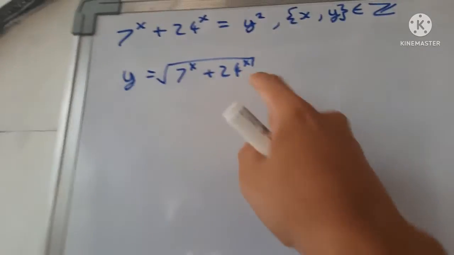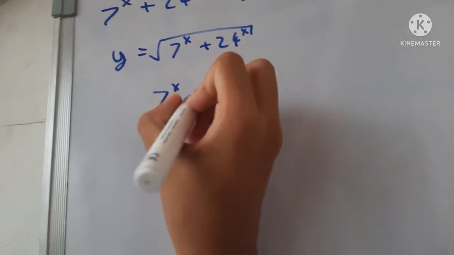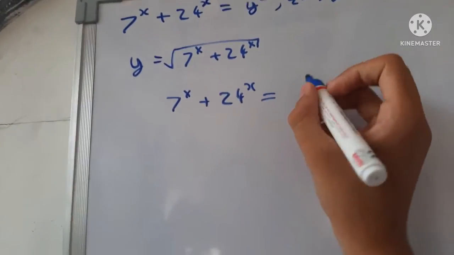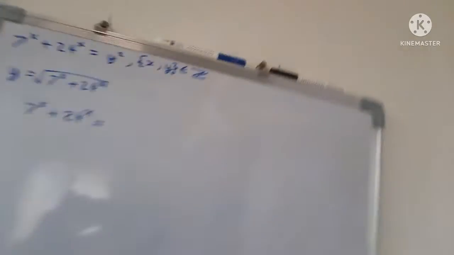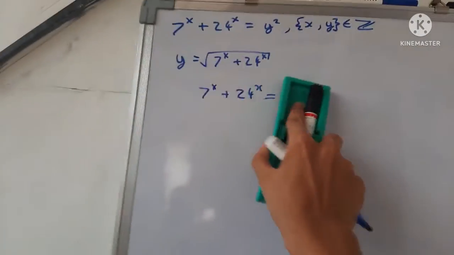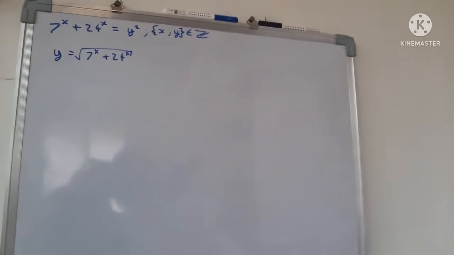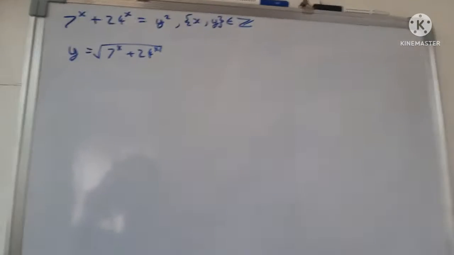This inside stuff should be a perfect square. 7 to the x plus 24 to the x should be a perfect square. Oh well, wait, okay. We're just going in loops, aren't we? Okay. But for the sum of two numbers to be a perfect square, is there a condition?